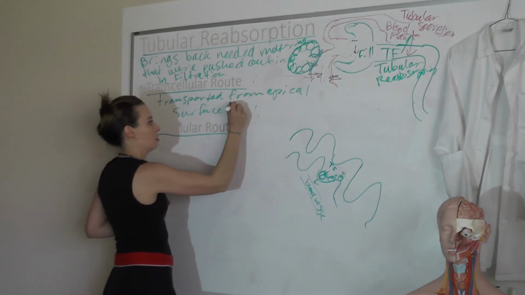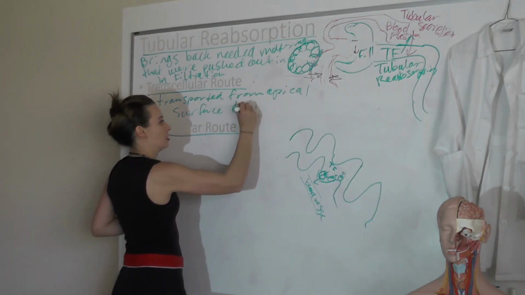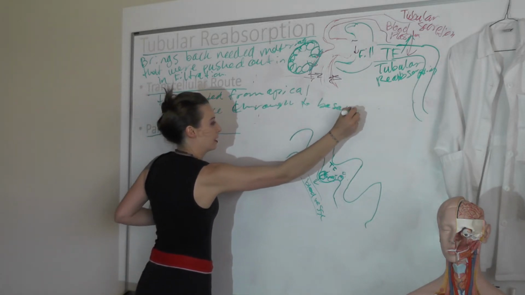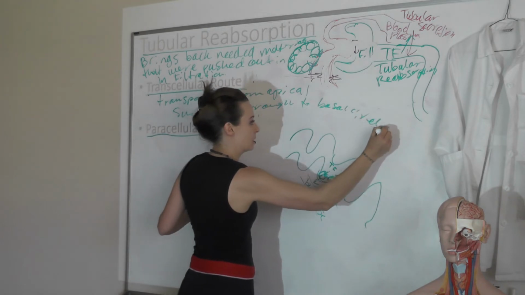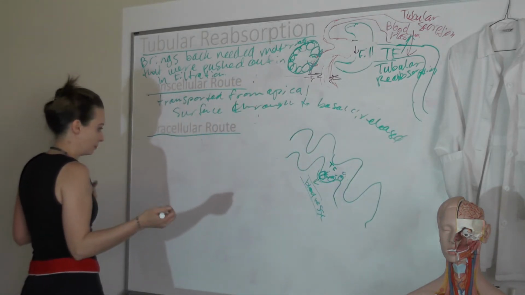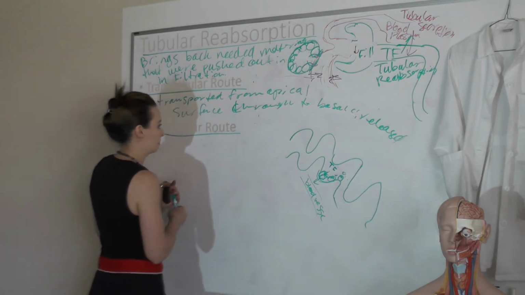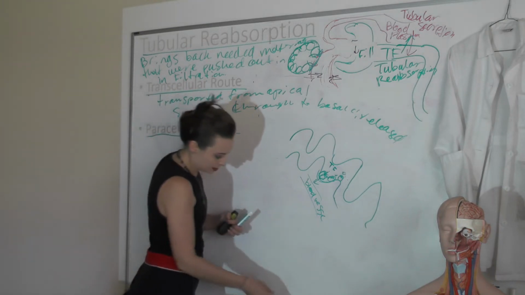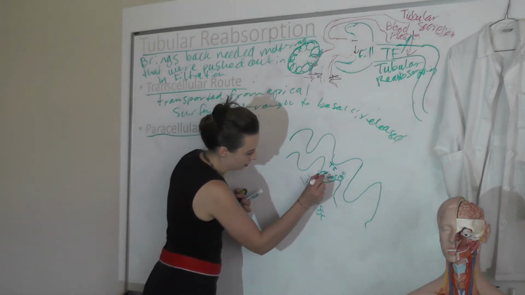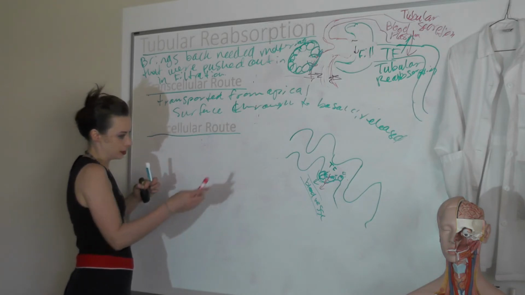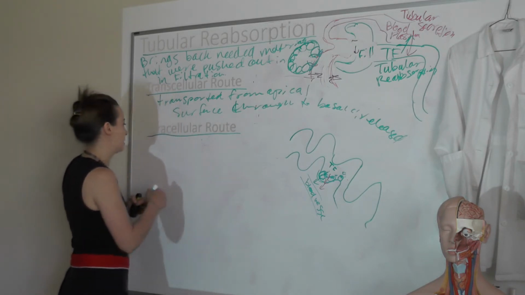through the cell to the basal side and released into the blood or into the interstitial fluid, and then can be picked up in the blood. In the paracellular route, this is how materials are going to move between these cells through their kind of leaky intercellular clefts.